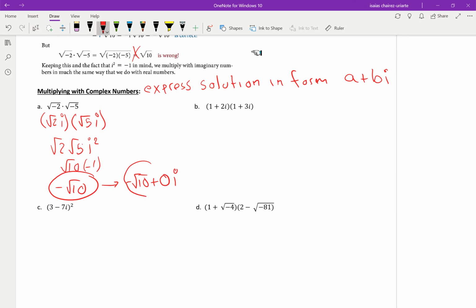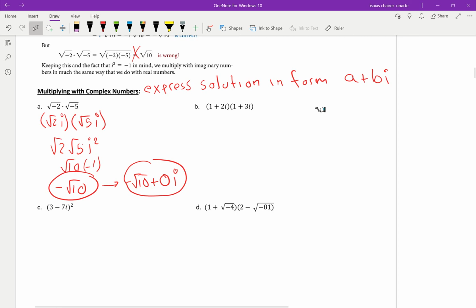So now I have it in the complex form. It's a little redundant. I mean, nobody writes plus 0, but the reason why I'm asking you to express your solution in this form is because perhaps if you're doing homework in MyMathLab, it might require you to enter the solution as a complex number. Not sure though. Okay, let's do the next multiplication.